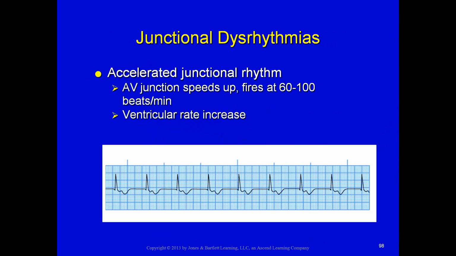There may be a P wave at the end of the QRS, and the T is inverted below the isoelectric line. So this would be a junctional rhythm, but it's beating faster than 40 to 60. It's not tachycardic, because it'd have to be greater than 100 to be junctional tachycardia. So we just call this an accelerated junctional rhythm.